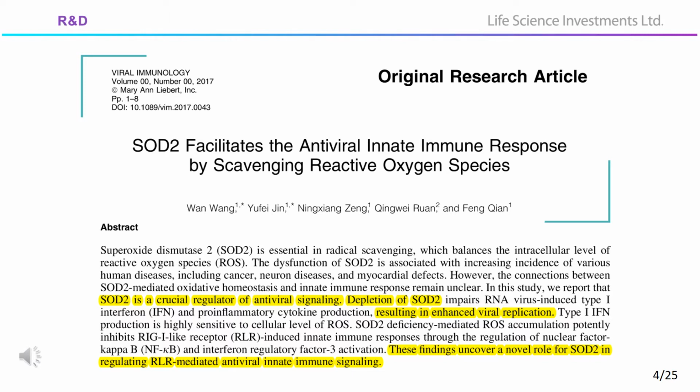And hence, superoxide dismutase is a crucial regulator of antiviral signaling, and depletion of superoxide dismutase, on the contrary, results in enhanced viral replication. And you see that besides its antioxidant activity, and maybe thanks to it, superoxide dismutase has a very important role in innate immune response.